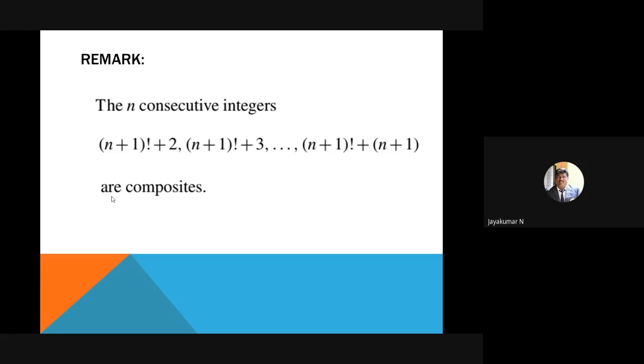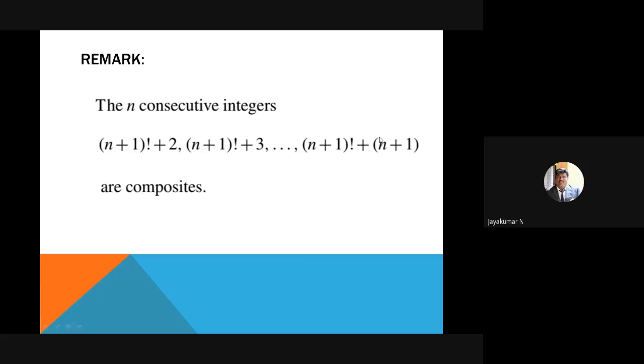What is the formula? The formula starts with (n+1)! + 2 and ends with (n+1)! + (n+1). So if n is 10, I start with 11! + 2 and end with 11! + 11.